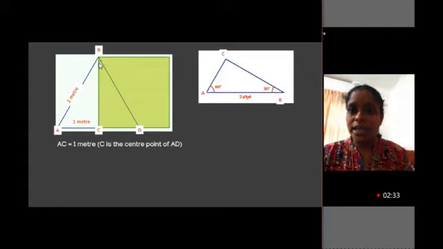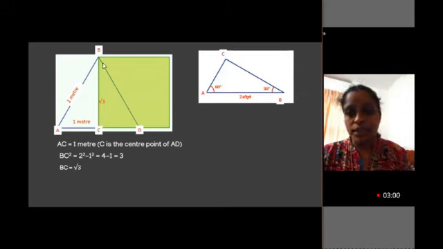Here we are using Pythagoras theorem again. That is, BC square is equal to hypotenuse square minus base square. Here hypotenuse is 2 meters, so 2 square minus base 1 meter, 1 square, that's equal to 4 minus 1, that's equal to 3. Therefore the length of BC is equal to root 3.